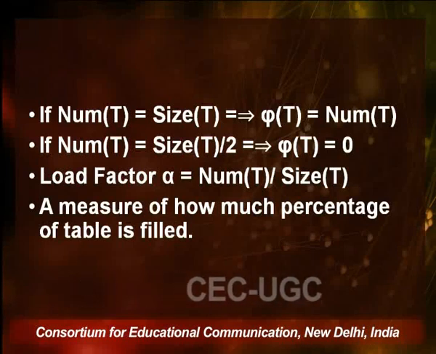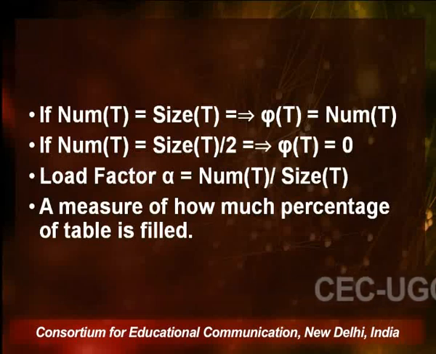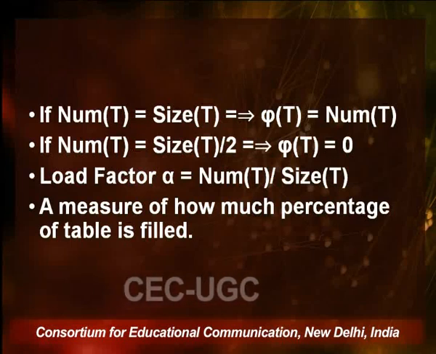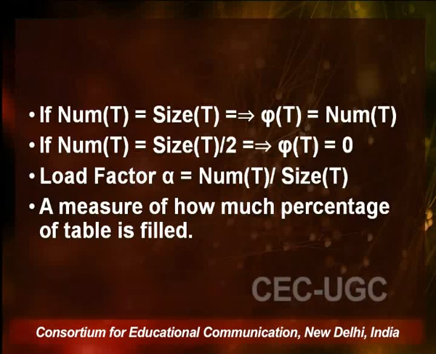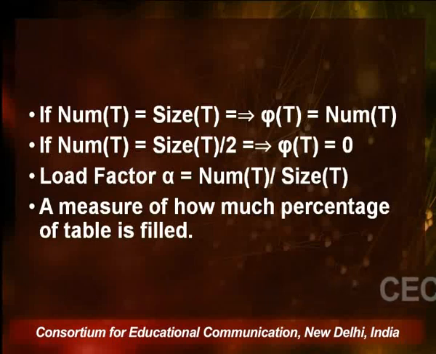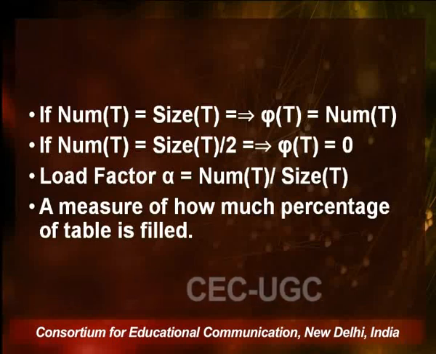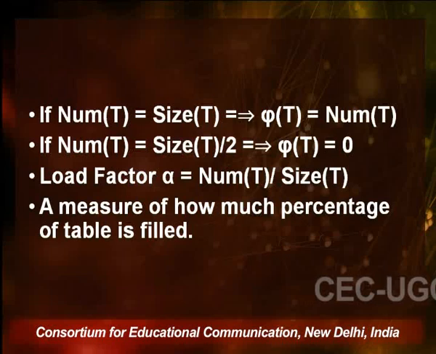So twice of num t minus num t is num t. That means num t and size of t both are equal, load factor equals 1, and we have full utilization of the table, because the whole table is filled up to its maximum size.